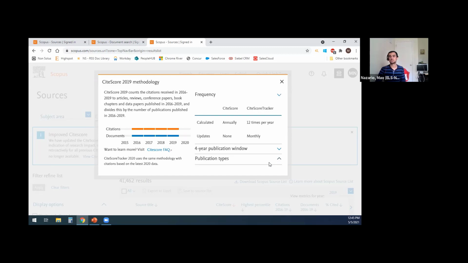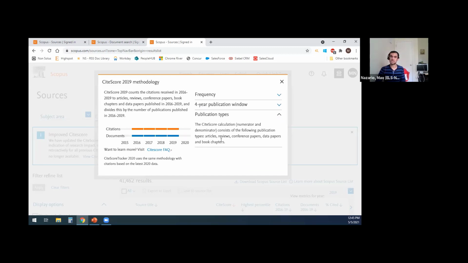There is also some difference in the publication types that are used. I know that CiteScore limits itself to the most highly impactful or most highly cited journal document types, which would be review papers, articles, and conference papers.